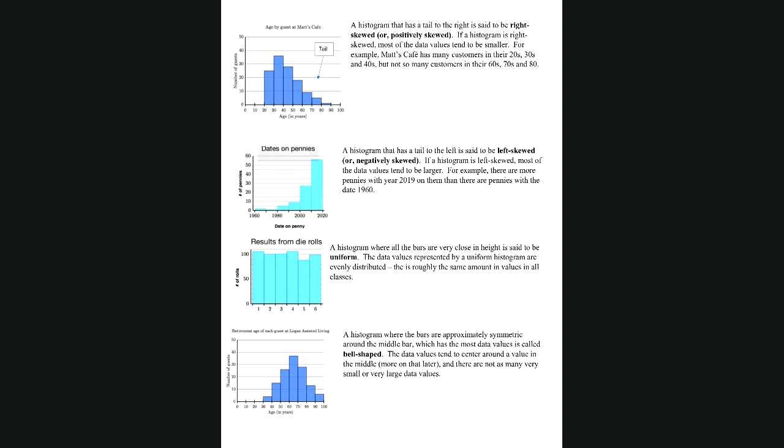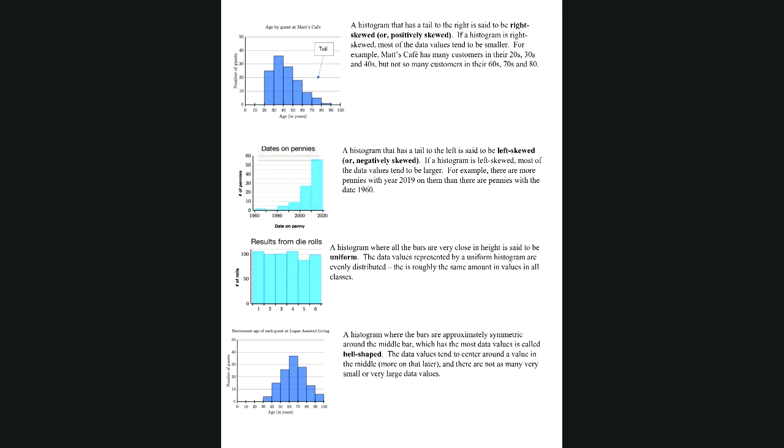If a histogram is right skewed, most of the data values tend to be smaller. For example, if this is representative of all the guests at Matt's Cafe, based on their age, we realize that there are more guests between 30 and 40 that come to Matt's Cafe than there are guests between 80 and 90, right?